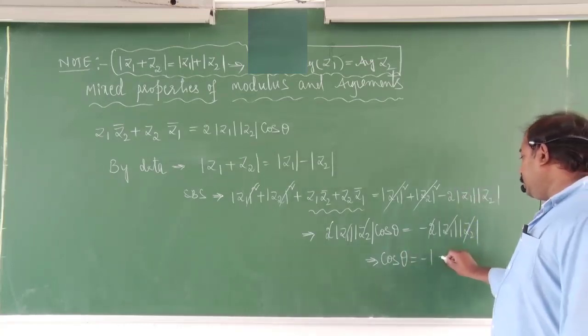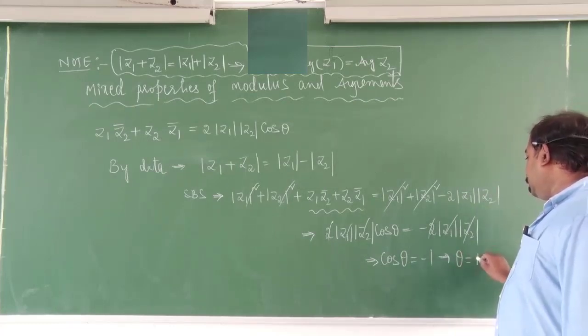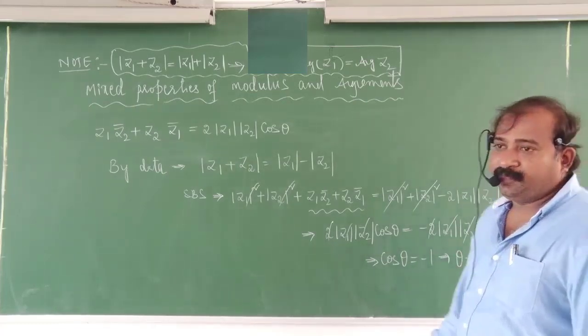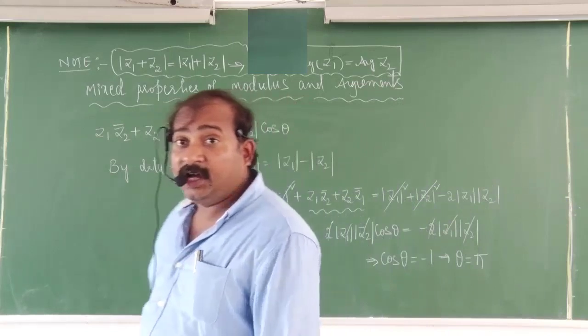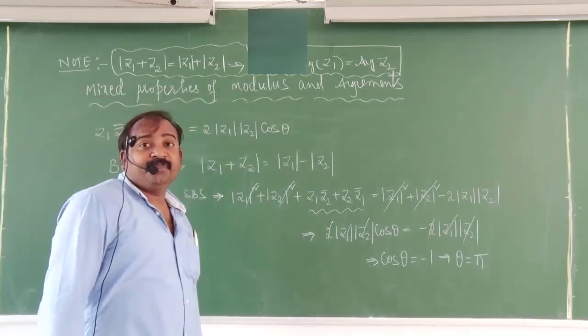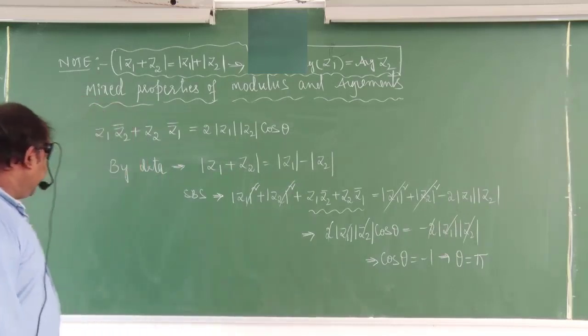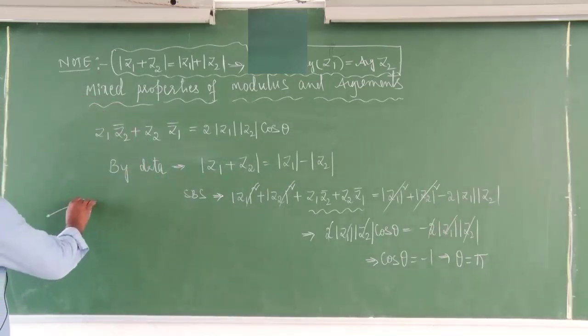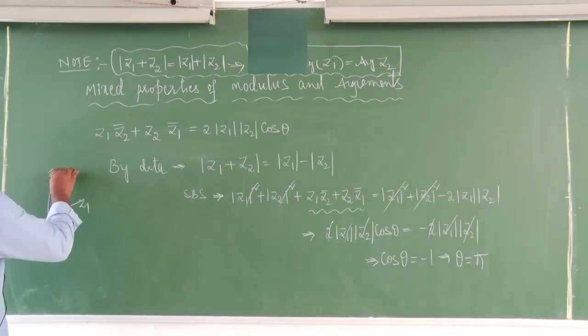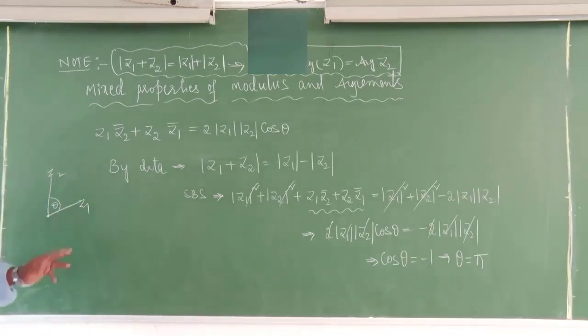Cos theta equal to minus 1 means what will the theta value be? Pi is the value. But what is the meaning of theta? Theta is nothing but the argument difference between z1 and z2. In the diagram we gave, z1 z2, this theta, what did we get? Pi. What is that meaning? Argument difference between them is pi.